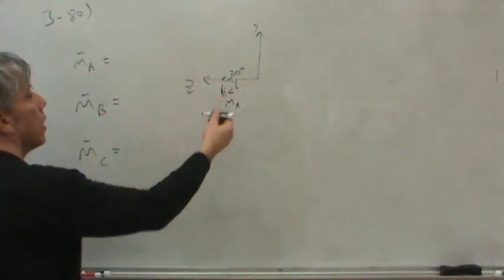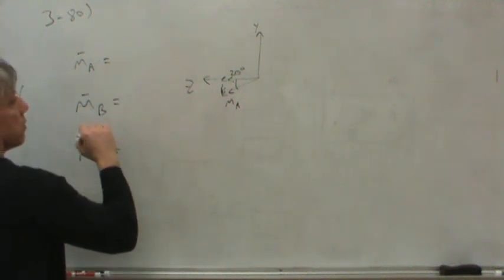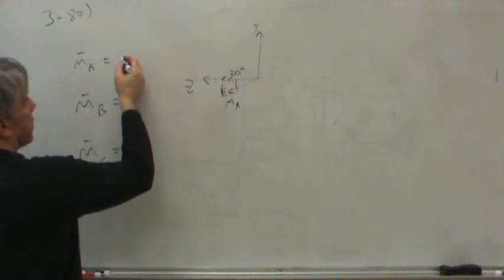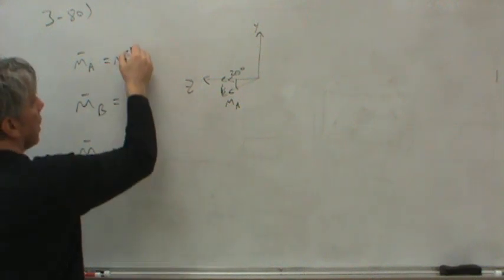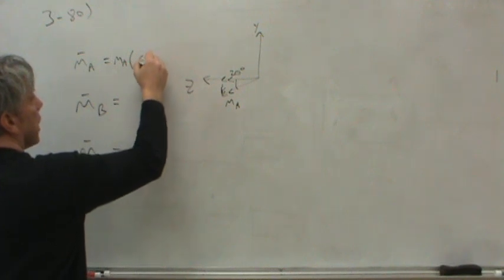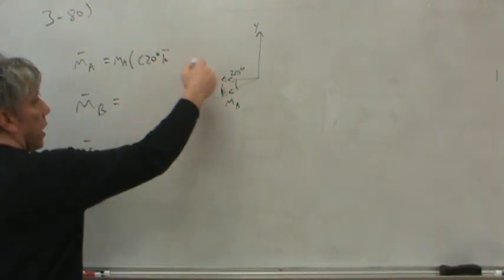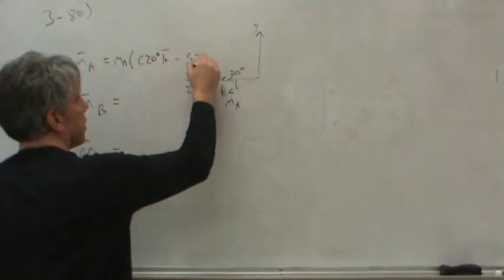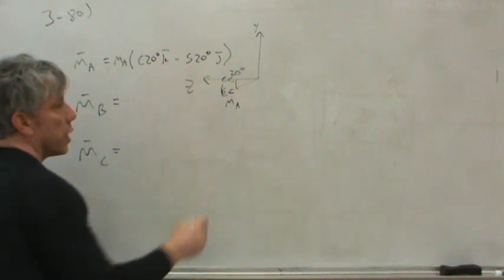So along the z-axis, we need the magnitude of moment A, which is 1,200 foot-pounds, multiplied by the cosine of 20 degrees in the z direction, which is k, and then minus the sine of 20 degrees in the negative y direction, which is j.